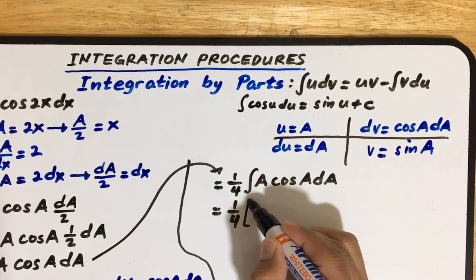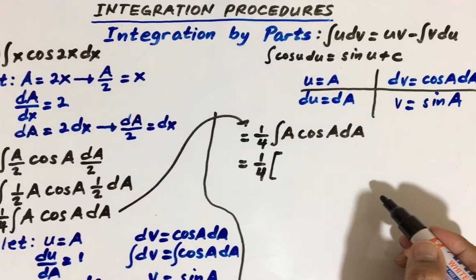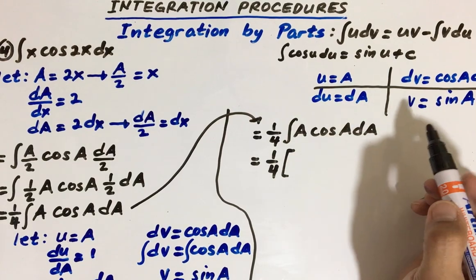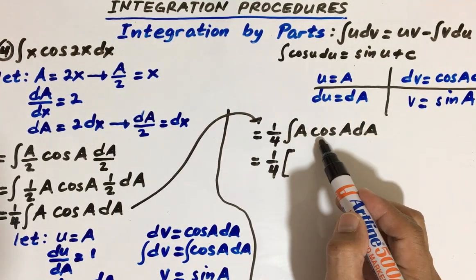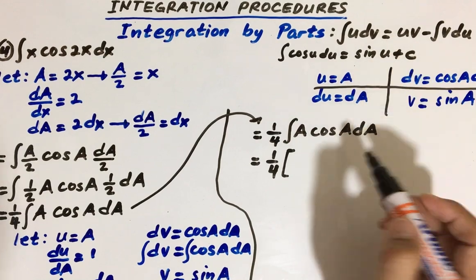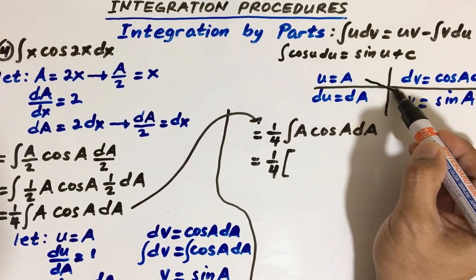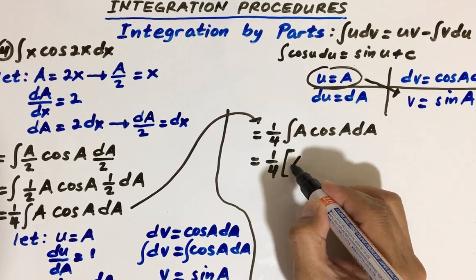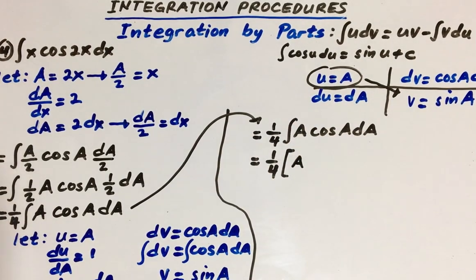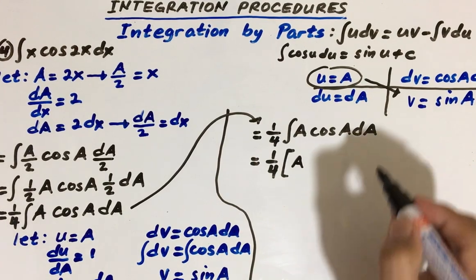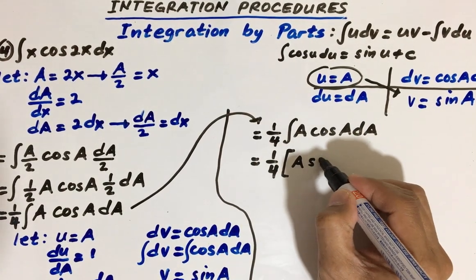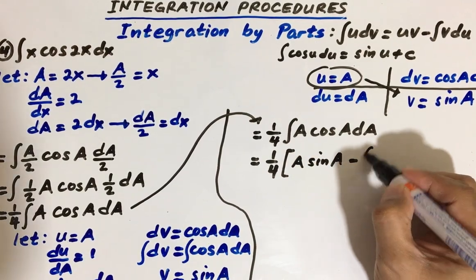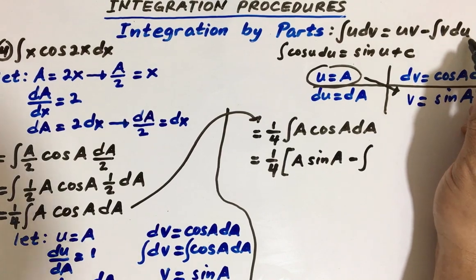So you put this in a bracket. Using this formula, the integral of u dv, you have uv, where u is equal to a, so we have a times v, where our v is sine a, then minus the integral of v du.